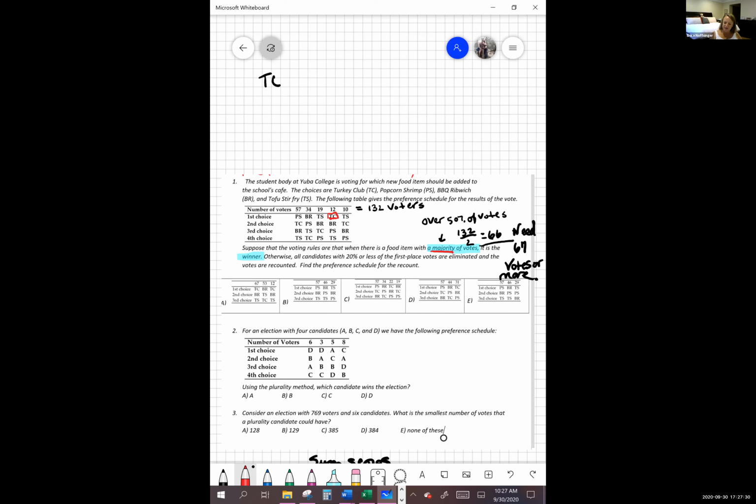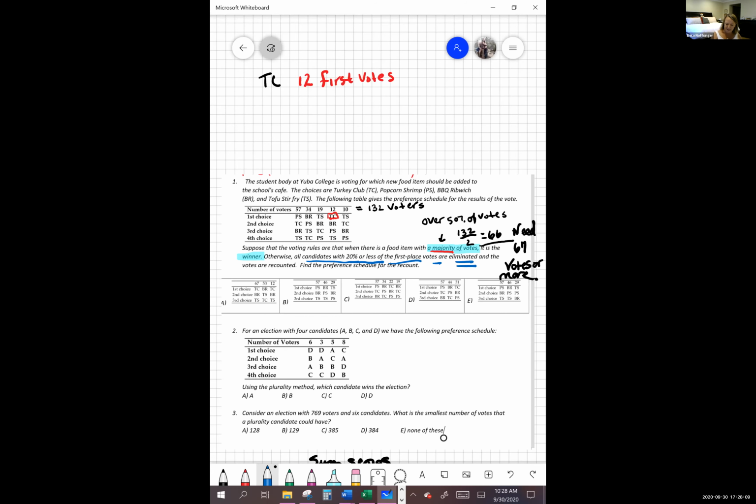And so for TC, notice for first choice, that's the only one in the order for first choice: 12 people. This had 12 first votes. Notice that that is not 67 or more, right? But let's figure out what percent, because if we read further, it says otherwise the candidates with 20% or less of the first place votes are eliminated.